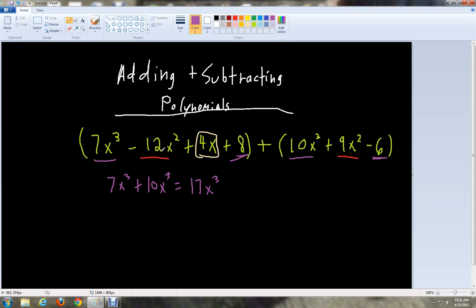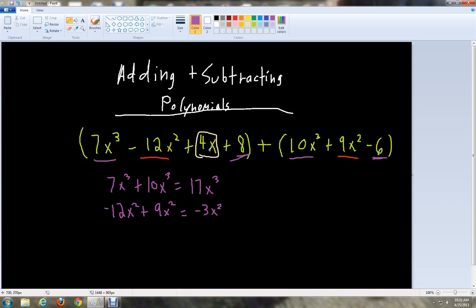And then we'll look at negative 12x squared plus 9x squared. Those are like terms. So that'll equal negative 12 plus 9, which is negative 3. So we have negative 3x squared.